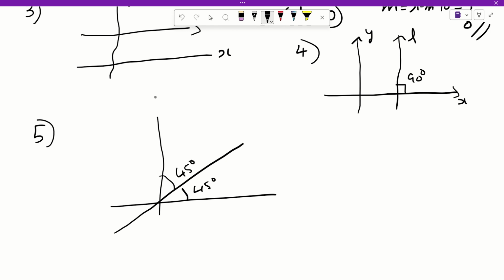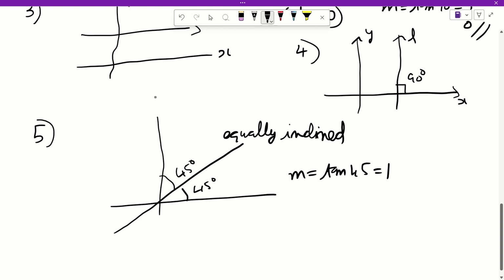That is, 90 is equally inclined. Those who don't know the spelling, I'll write it. We have been seeing in the group that most of you are weak in English, so that's why we are writing down the spelling for you. Okay. Here, what was the slope? Slope m equal to tan 45, which is equal to 1. Okay. Now let's move on to the next concept.